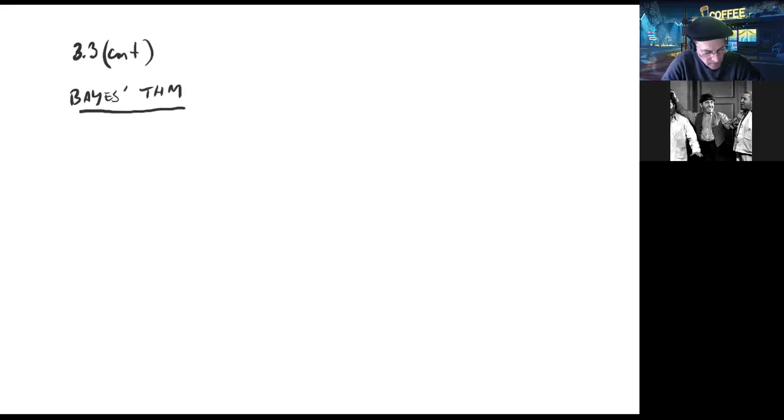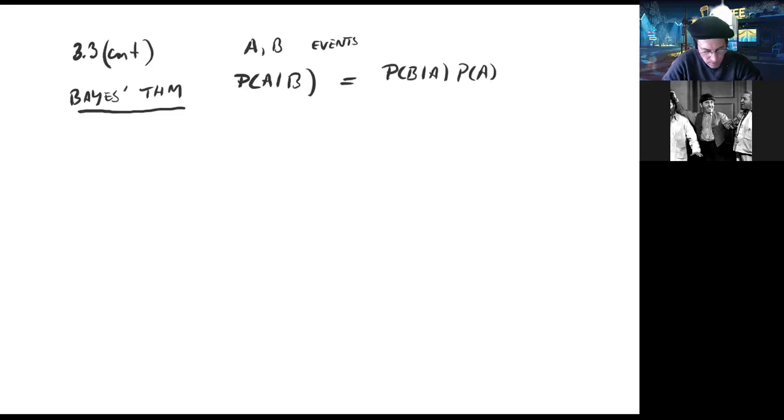So if A and B are events, and you want to compute the conditional probability of A given that B holds, then this is something you don't know, but you can compute it by computing the probability of B given A times the probability of A over the probability of B. So in order to be able to do these computations, you need to know how to compute every term on the right-hand side. So that's the first part of it. This is really the formula.